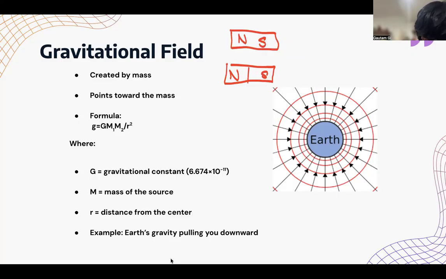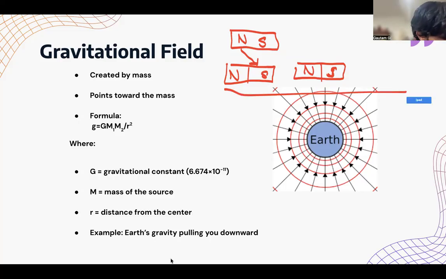Basically this north will want to go here, and let's say there's another magnet right here. This is the train track and this is the train. This north will want to go here, and this south will want to go here, right?